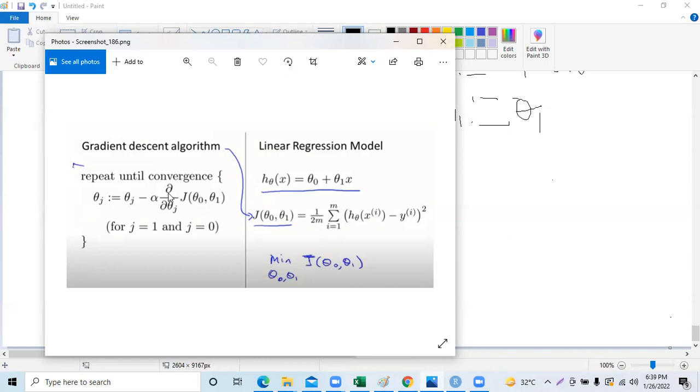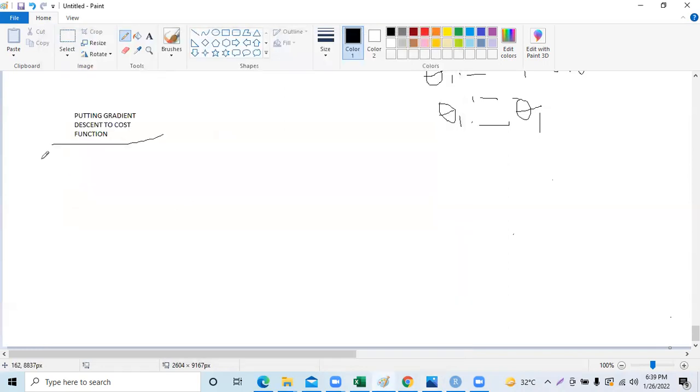So let me write out theta j, assigned to the former value of theta j, minus learning rate alpha, into the partial derivative with respect to theta j, of J of theta 0, theta 1. This is our gradient descent.